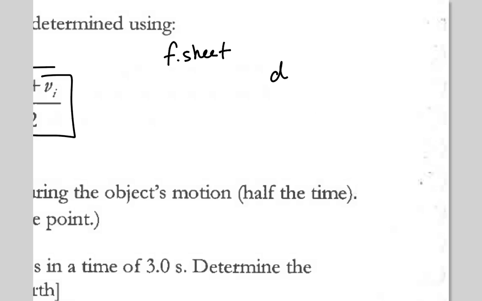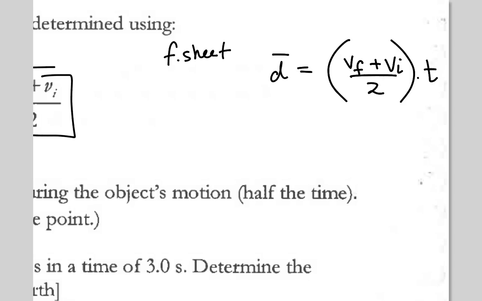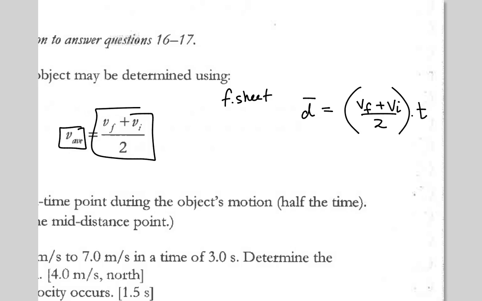Got D equals Vf plus Vi over 2 times T. Okay? So you can use this formula for an accelerated object, but you have to use the average. Okay?